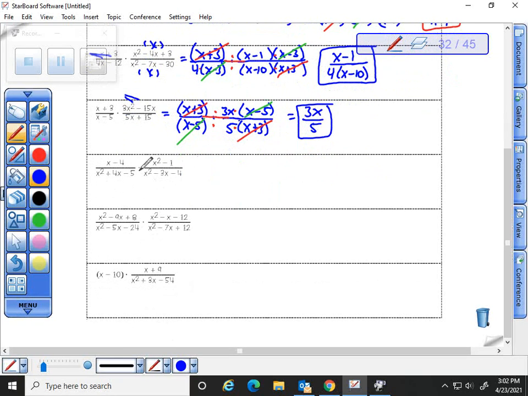All right, this next one, again, it's a times problem, so everything on top will be multiplied, everything on the bottom will be multiplied, so it'll be an x minus 4 on top. Factoring this bottom one into parentheses, how you get a minus 5 is one will be positive, the other will be minus, so I need 5 to be positive, minus 1, that'll give me the plus 4, times the perfect square, that's x times x, 1 times 1, so it's an x plus 1 and an x minus 1.